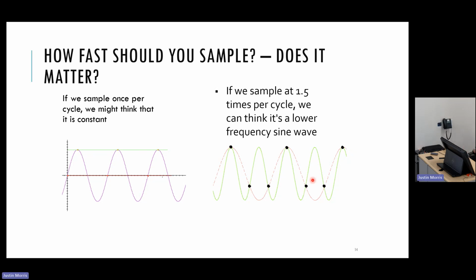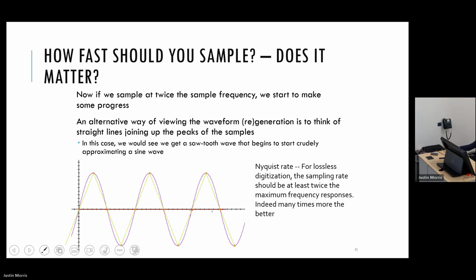So there is some threshold that we need to pass in order to have the correct input waveform that we're sampling. This threshold is twice the frequency. Our sample frequency needs to be at least twice the frequency of the input. And if we have that, then we can be confident that we are capturing the inputs properly.